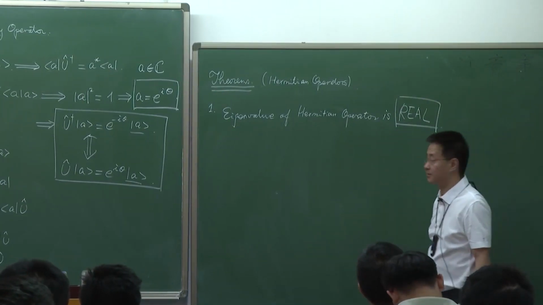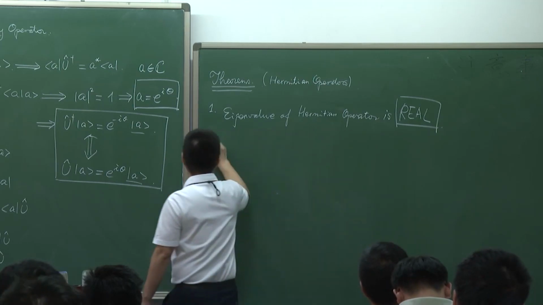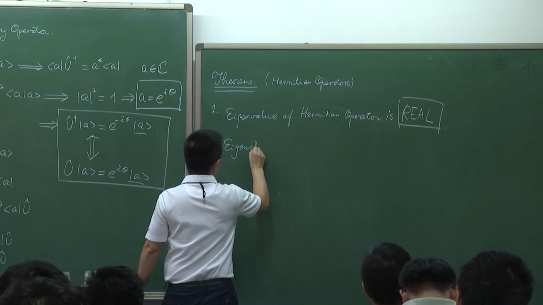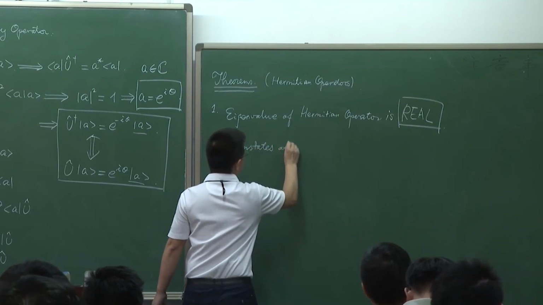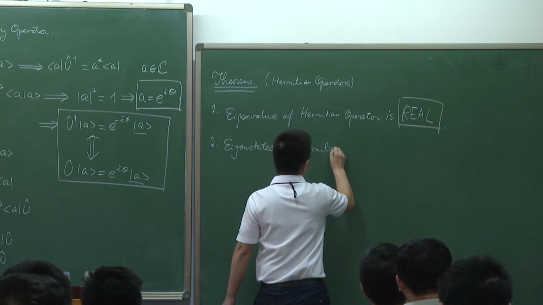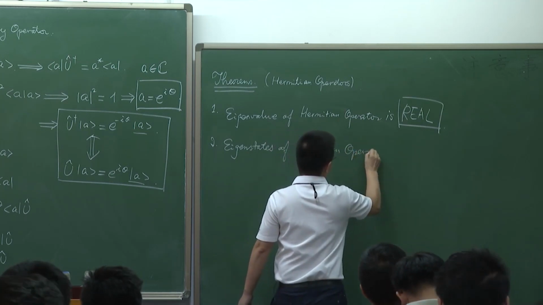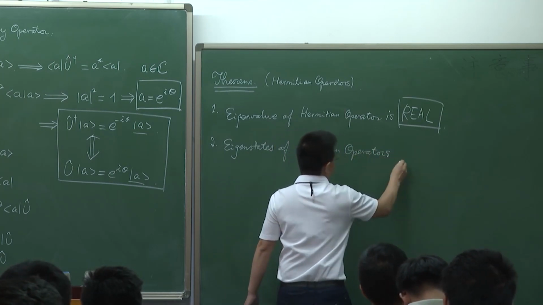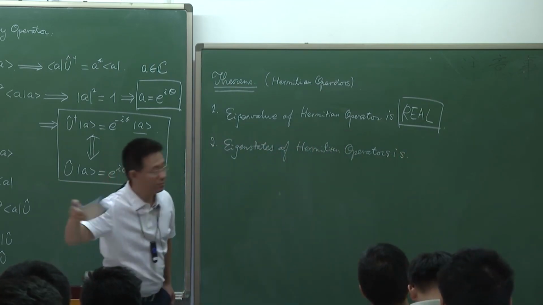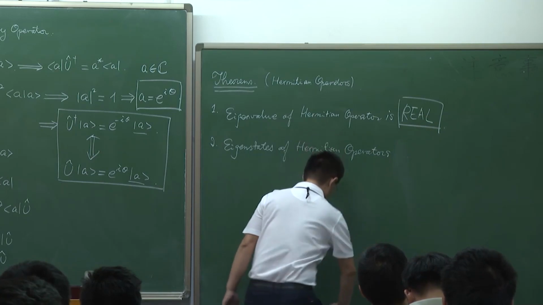That's very important. And the second is that the eigenstates of the Hermitian operators must be what?